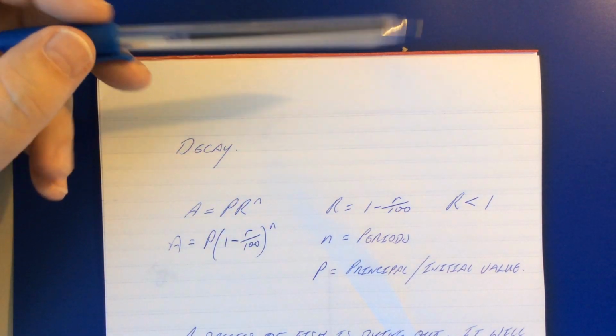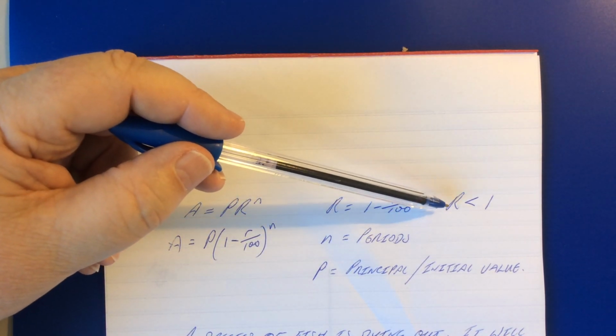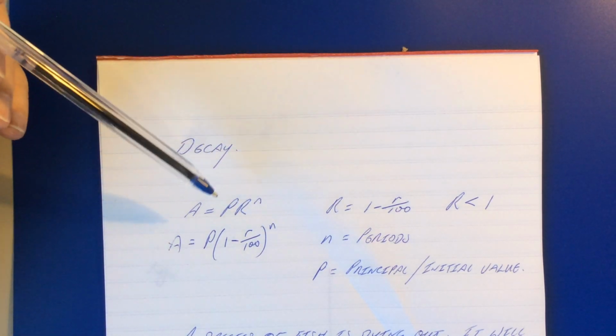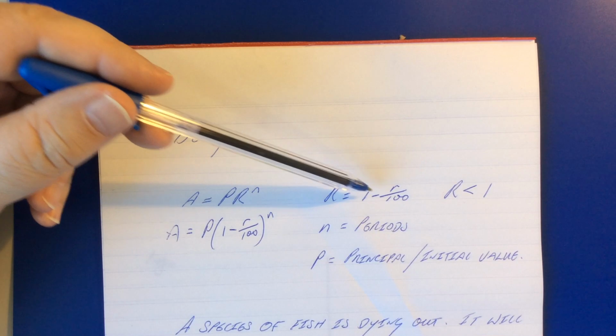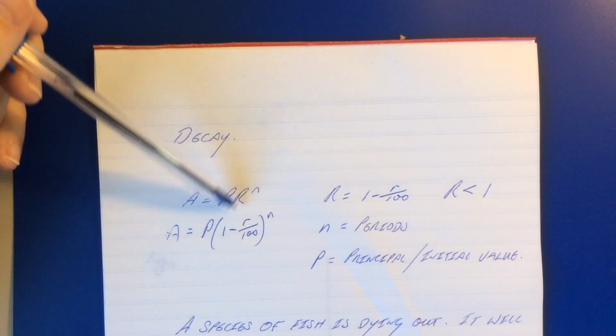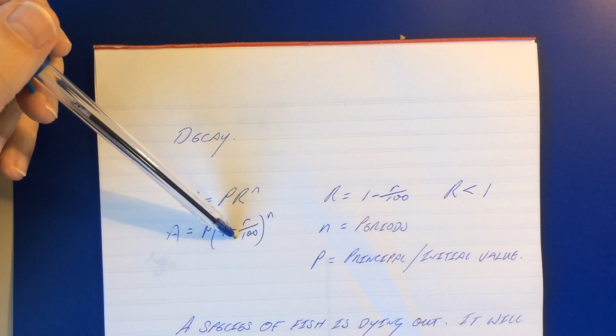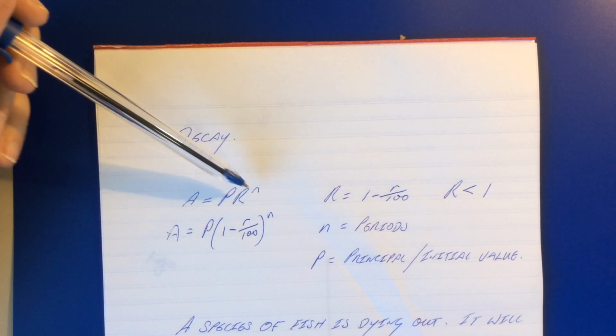If R is equal to 1, we have an equilibrium. If R is greater than 1, we have growth, not decay. So basically R is this part of this formula all wrapped up into one neat number.